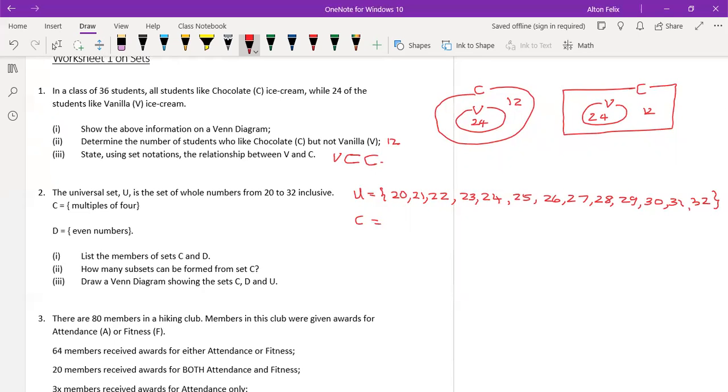Well, we know multiples of 4 would be 4, 8, 12, and so on. But the set C will start from multiples of 4 from 20. Then you go 24, and so on. Right, that's our set C here. And of course, D would be the even numbers. So the even numbers would be as stated.